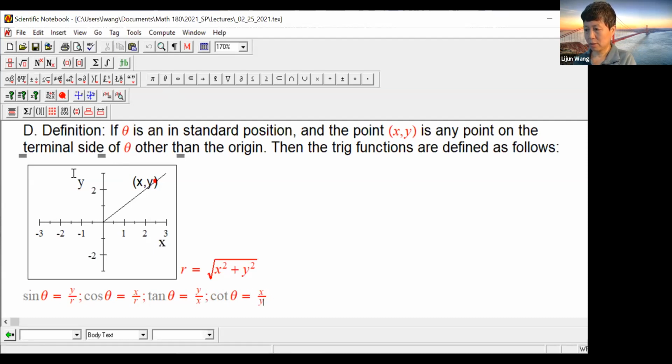X over Y. Okay, so we can keep going. Cosecant theta is equal to what? What's the cosecant theta? R over Y, right? And secant theta equals R over X.